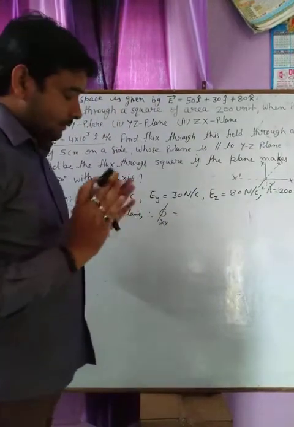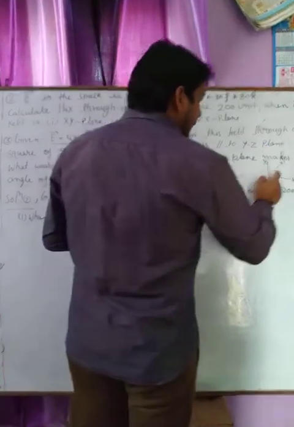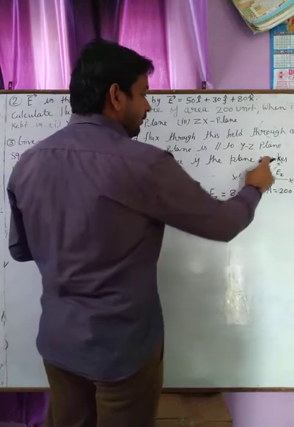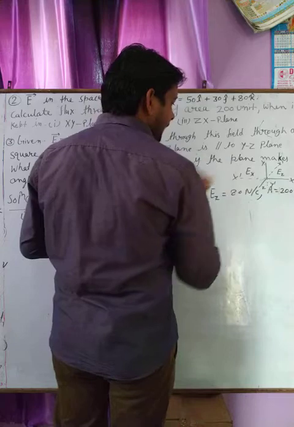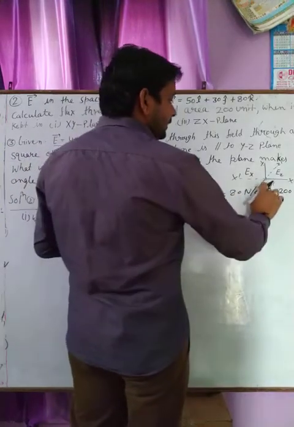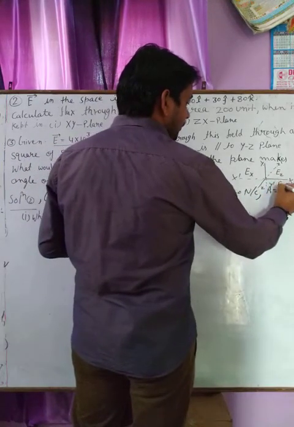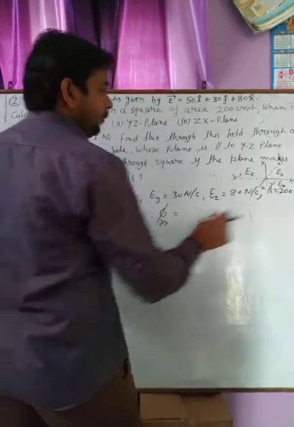If we think about the XY plane, we have the result of Ez. If we think about the YZ plane, we have the value of Ex, and if we think about the ZX plane, we have the value of Ey.